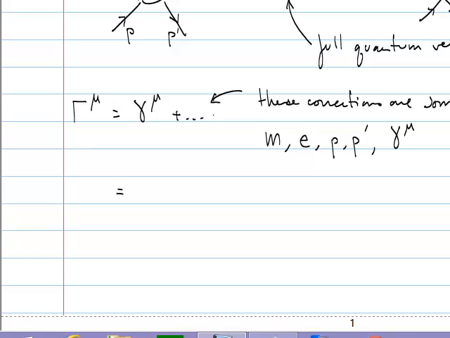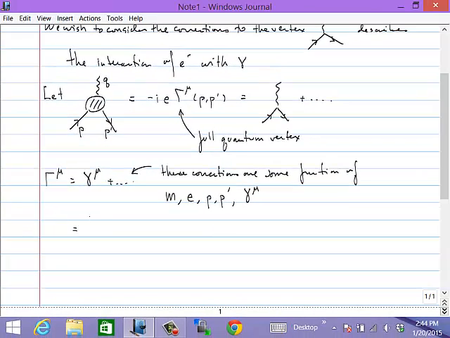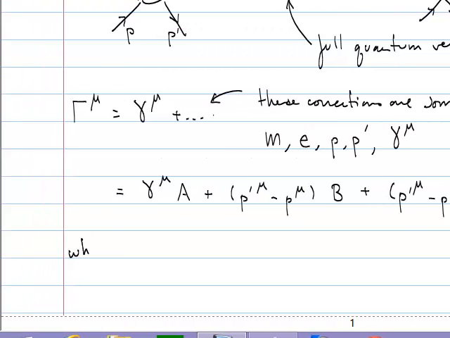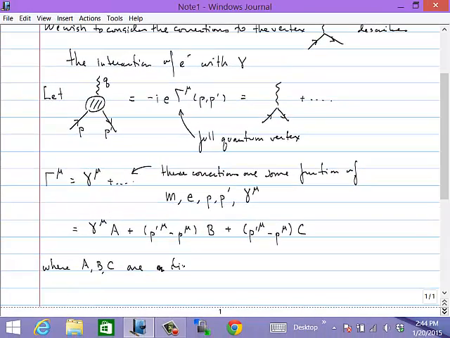And if you think about it, there's only a three-dimensional space of vectors that you can construct out of those quantities. So in particular, it has to be a linear combination of gamma mu, p mu, and p prime mu. So I'll just write a general linear combination like that. Okay. So here A, B, and C are 4x4 matrices that act on the spinor index. These are Dirac matrices.